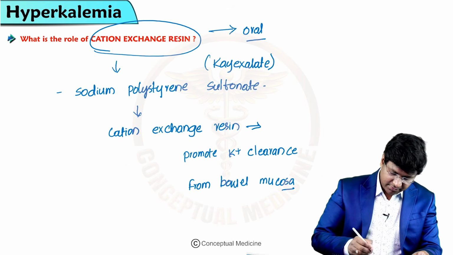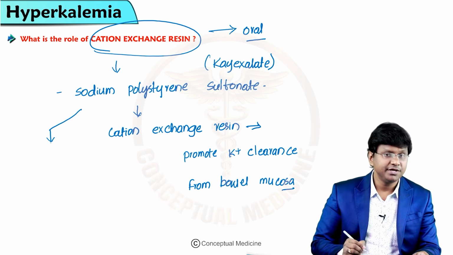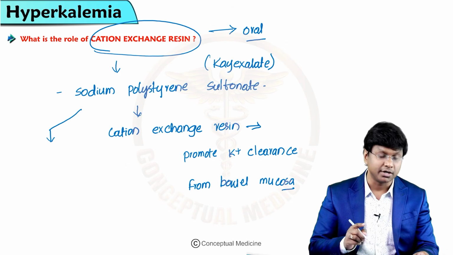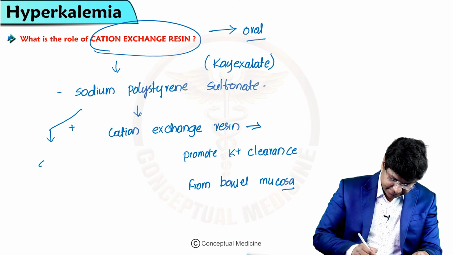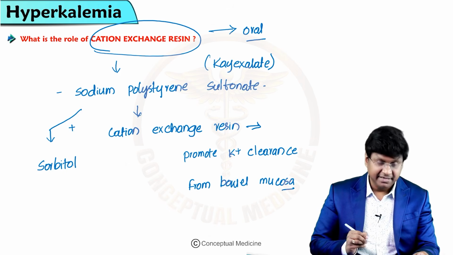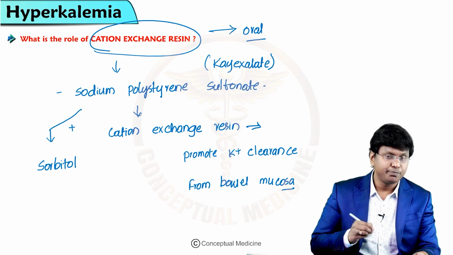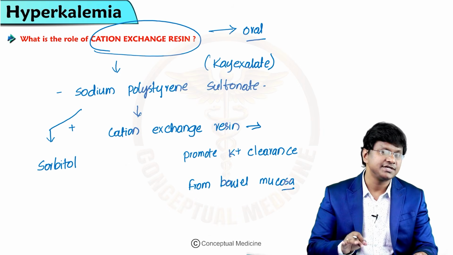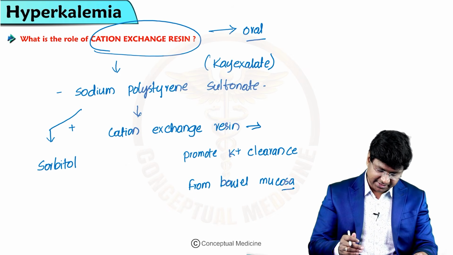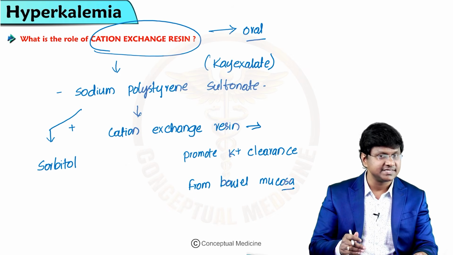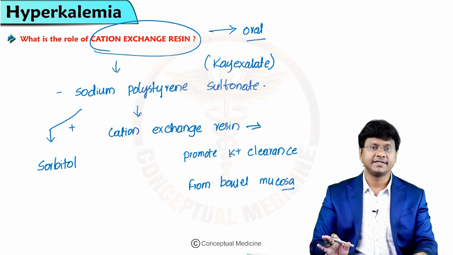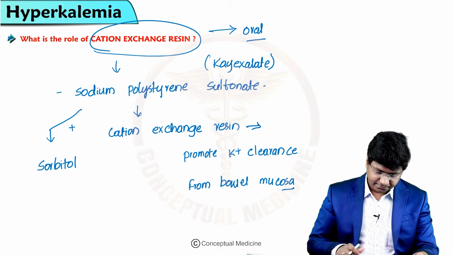And this sodium polystyrene sulfonate, which is K-oxalate, is usually mixed with sorbitol to prevent concretions. That is about the role of the cation exchange resin.